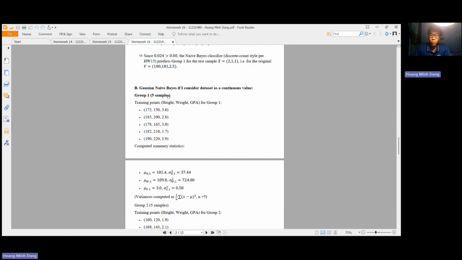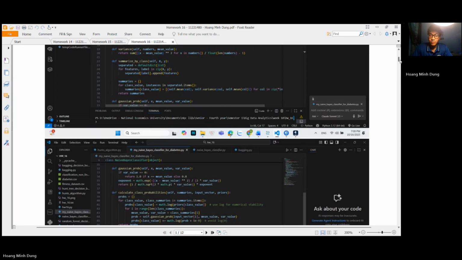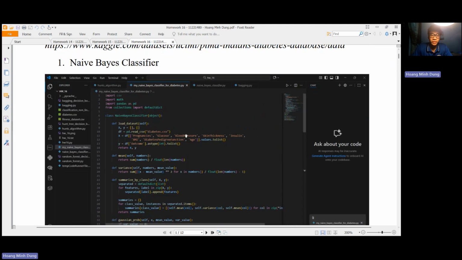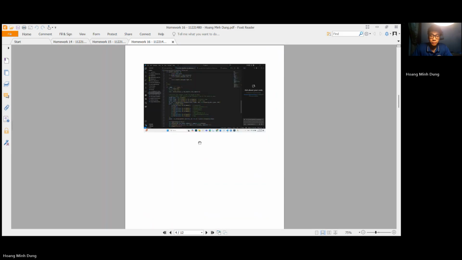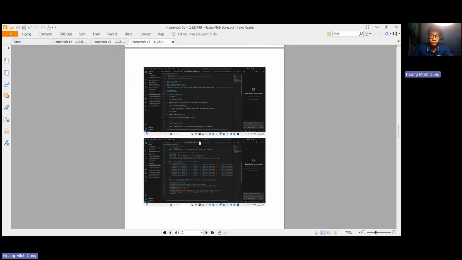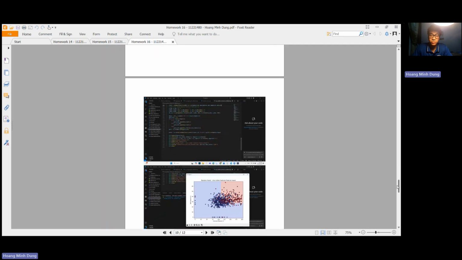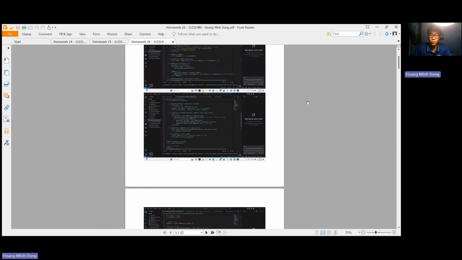In homework 16, I practically implemented the algorithms on the Naive Bayes classifier, bagging, and random forest, applying everything I have learned this week. Bagging is for stability.